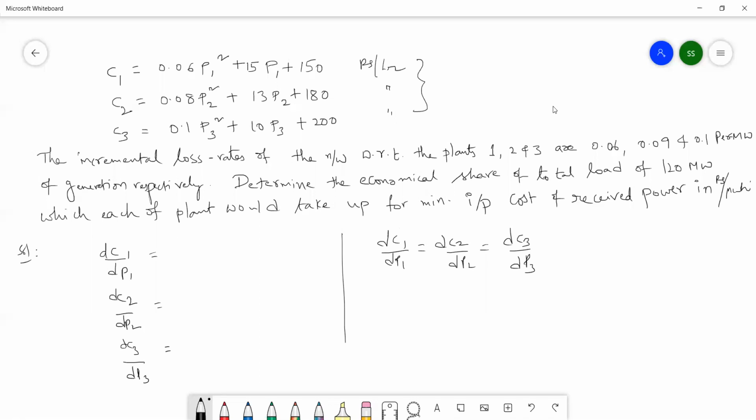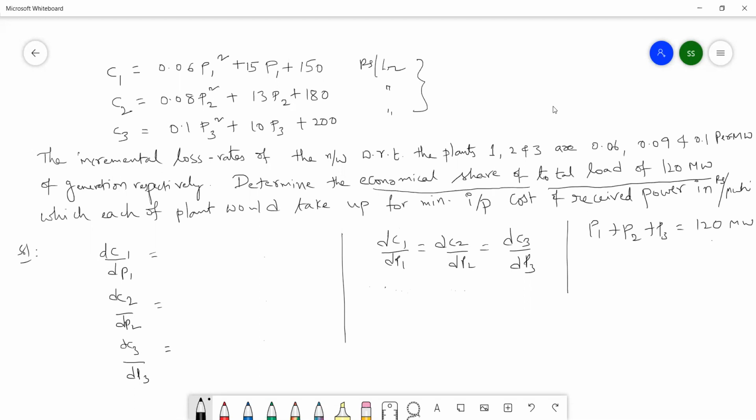By equating these, from 1 and 2 you can find P1 in terms of P2, and you can equate another 2 equations. The third equation is simply from the given statement: total load, that is P1 plus P2 plus P3 equal to 120 megawatts.